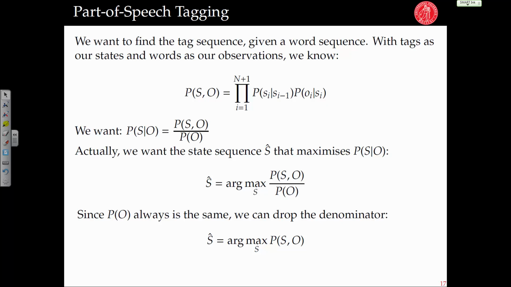The values will be different, but the relative order will be the same. And what we were interested in is finding the state sequence that maximizes the conditional probability, and it turns out we can find that by maximizing the joint probability. You see what happened here?